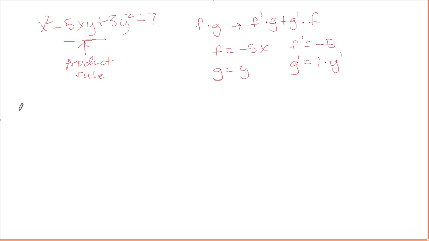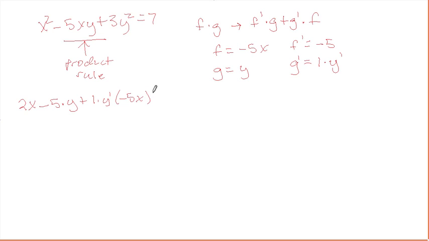So let's go ahead and work out this example. X squared, the derivative of that is 2x. And if we do the product rule with this, then we have f prime times g, which is negative 5 times y, plus g prime, which is 1 times y prime, and then times f, which is negative 5x.